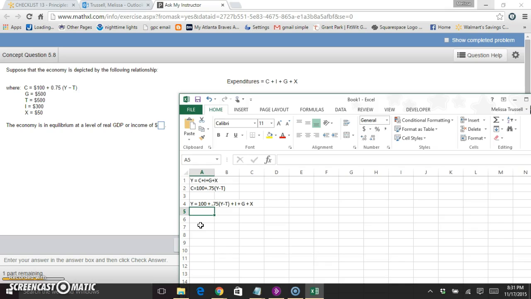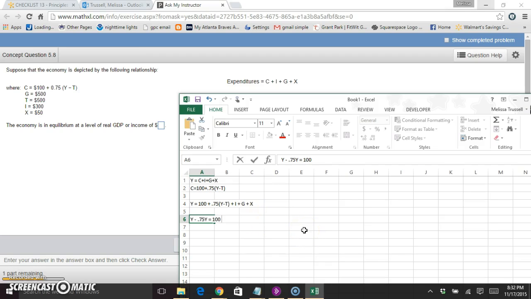Okay, so now I can do a little rearranging here to get my Y's both together on the same side of the equation, right? So I'll want to subtract 0.75 Y from both sides. So I have Y minus 0.75 Y equals 100, and then now to distribute this 0.75 to the negative T here.